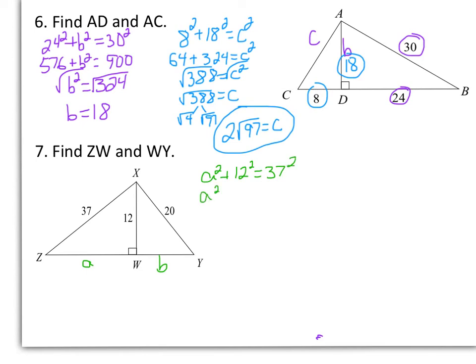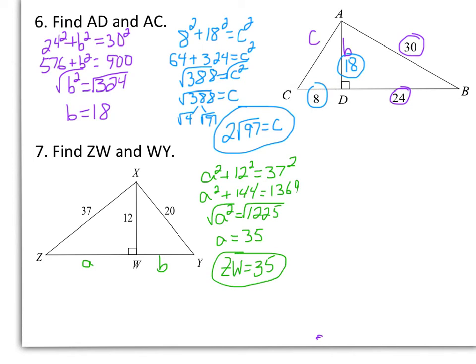So A squared plus 144 equals 1369. Subtract 144. We get A squared equals 1225. And then take the square root. So we get 35. So we can say ZW equals 35.